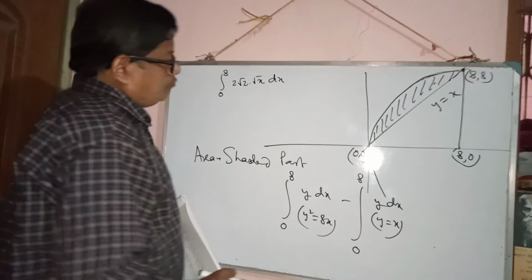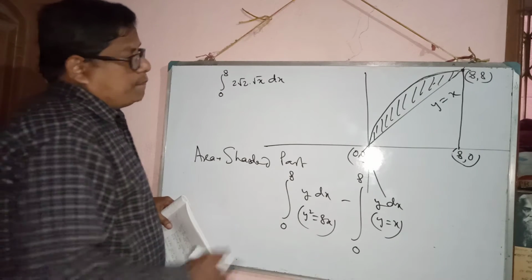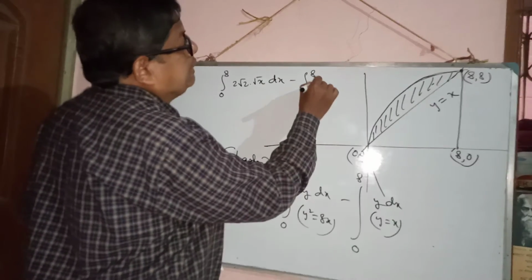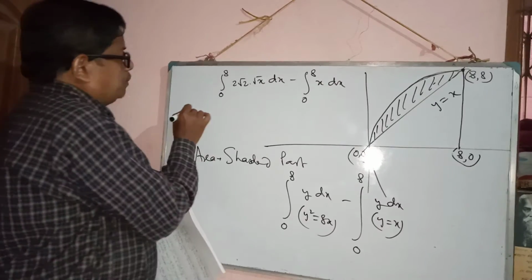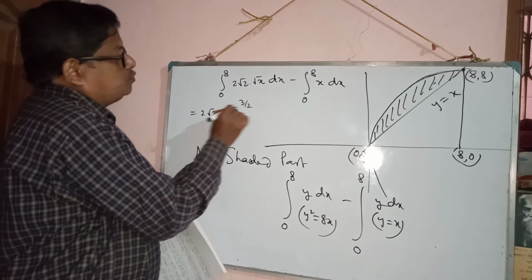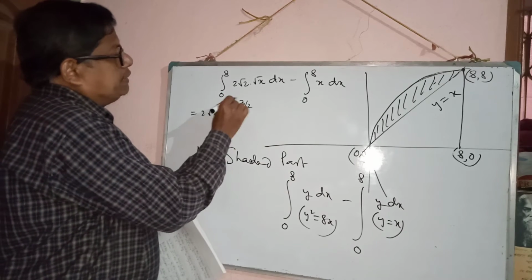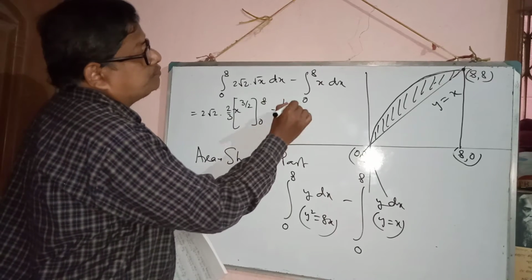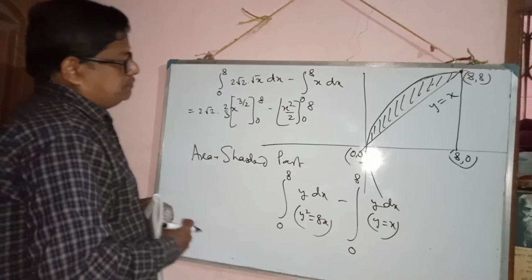Minus the integral from 0 to 8 of x dx. Now take the constant 2 root 2 outside, so x to the power 3 by 2 divided by 3 by 2, that is 2 by 3, from 0 to 8, minus x square by 2, from 0 to 8.